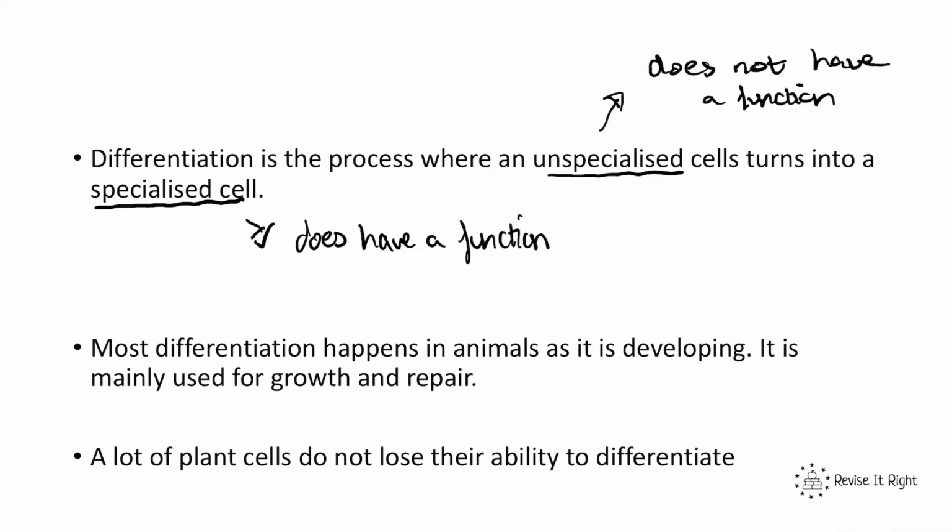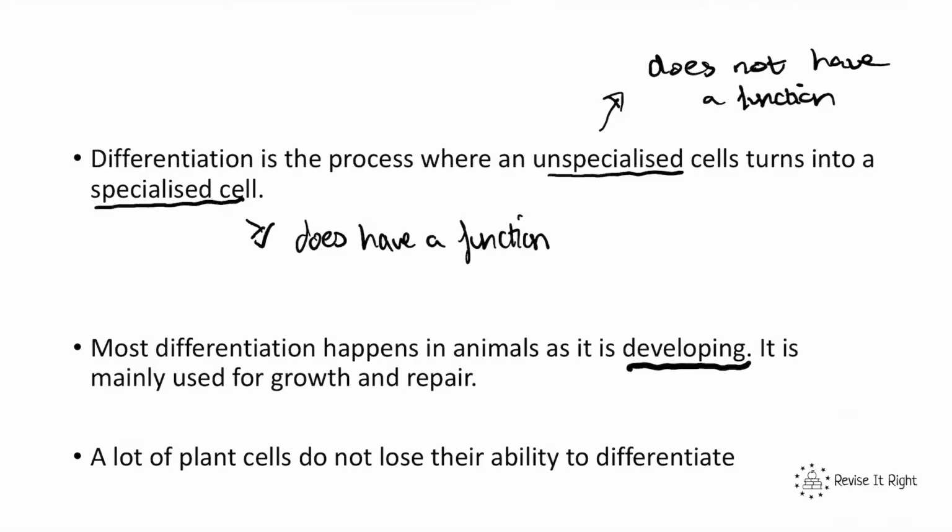Now, most differentiation happens in animals as it is developing. It is mainly used for growth and repair. So when an organism is very young at an early stage, their cells are differentiating for growth. Whereas when an organism becomes an adult and it no longer grows, differentiation is then mostly used for repair, so repairing damaged cells.